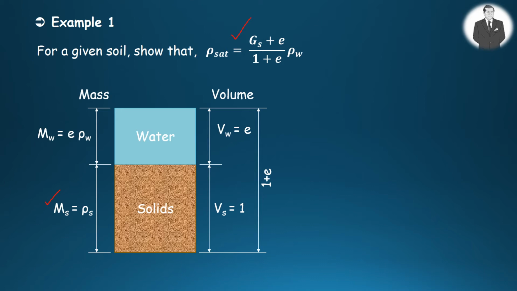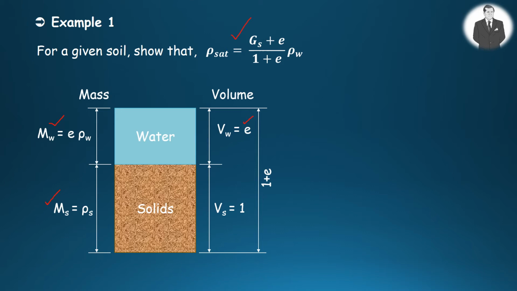And the density of water is the mass of water divided by the volume of water. Since the volume of water is equal to the void ratio, then the mass of water is equal to the void ratio times the density of water.